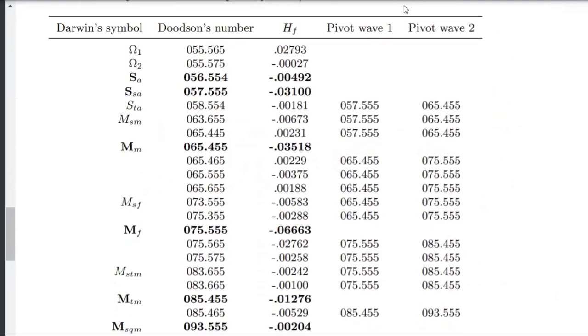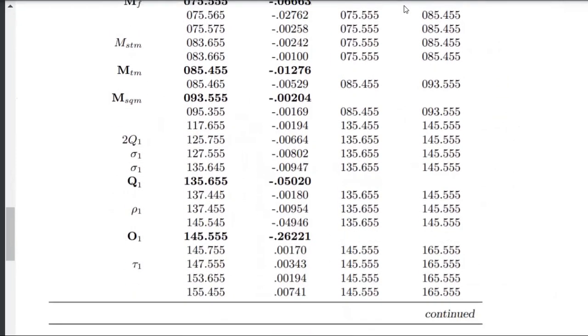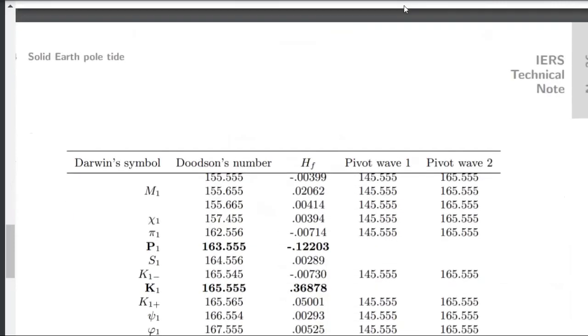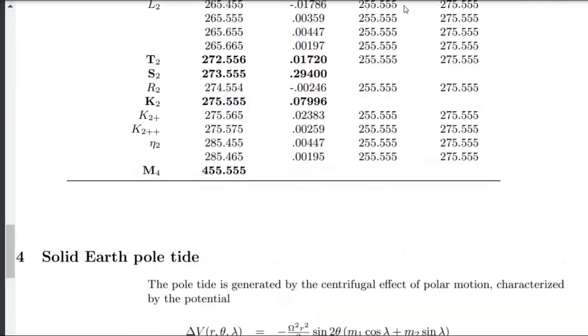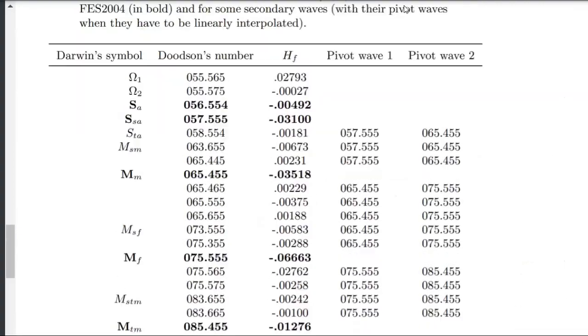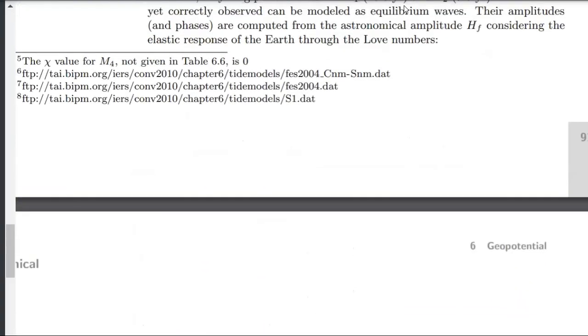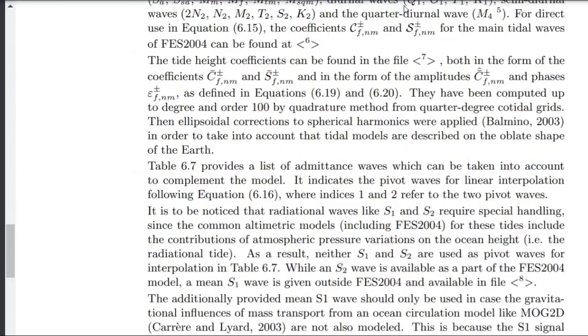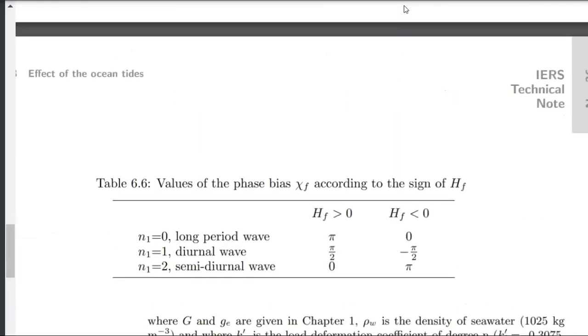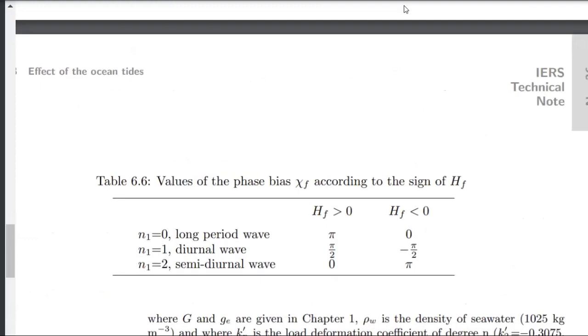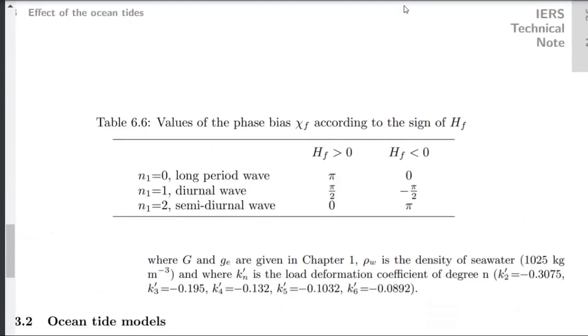Then you have the amplitude, and these are the symbols of the tidal component. So in this way, you can determine the effect of the ocean tide from the ocean tide models on the spherical harmonics. And here you have load numbers too.